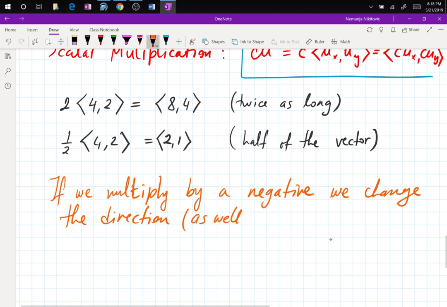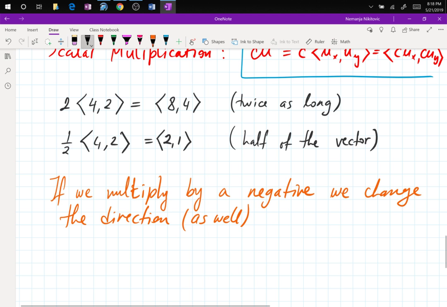And the reason why I put in parentheses as well, I don't have to, maybe I don't get to change the magnitude. If I multiply by -1, it's still the same length, it's just flipped. That's all it is. So we have to be careful about that.